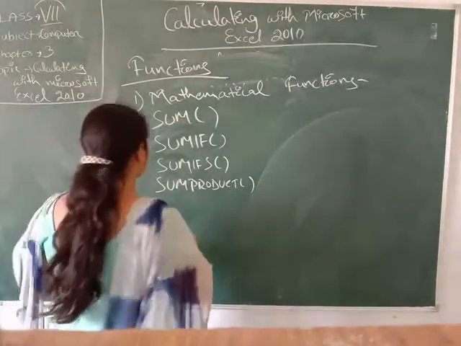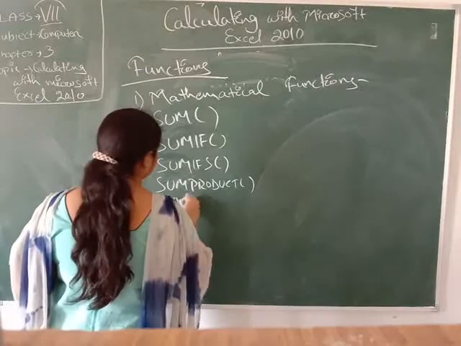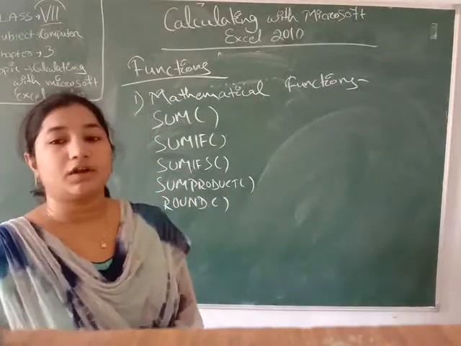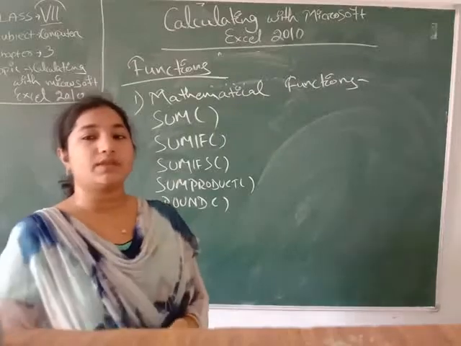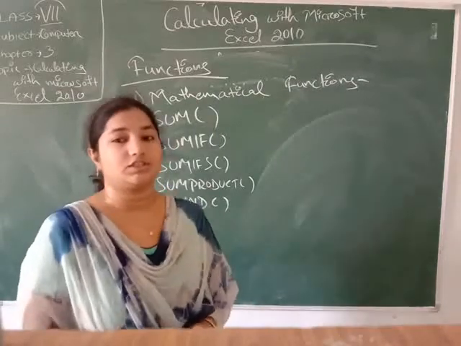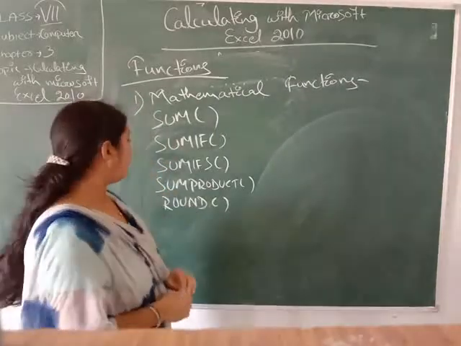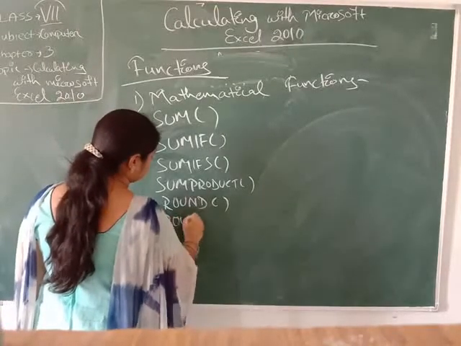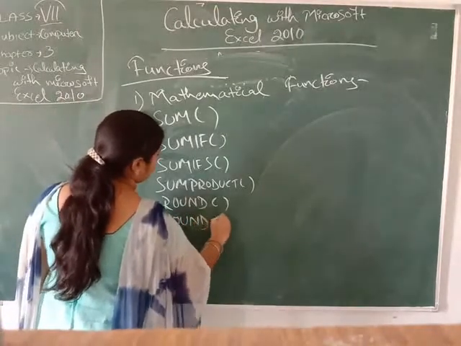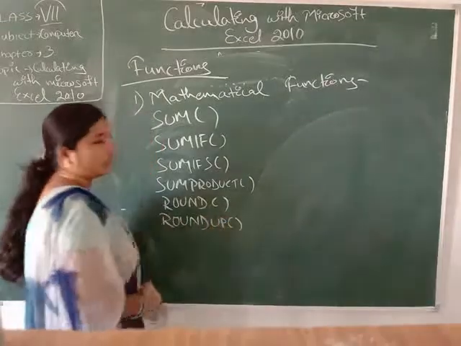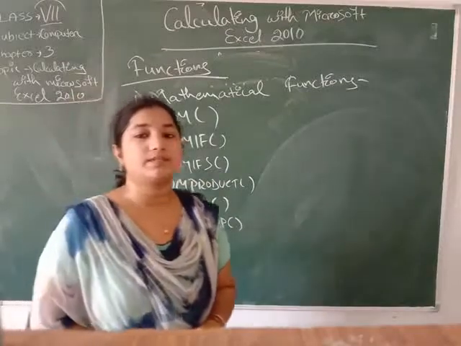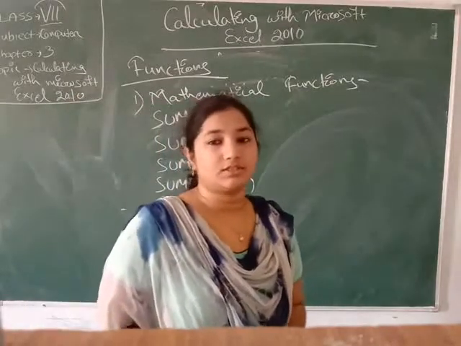Next one is ROUND. It rounds a number to a specific number of digits. After that, ROUNDUP. It rounds a number up to a specific number of digits.